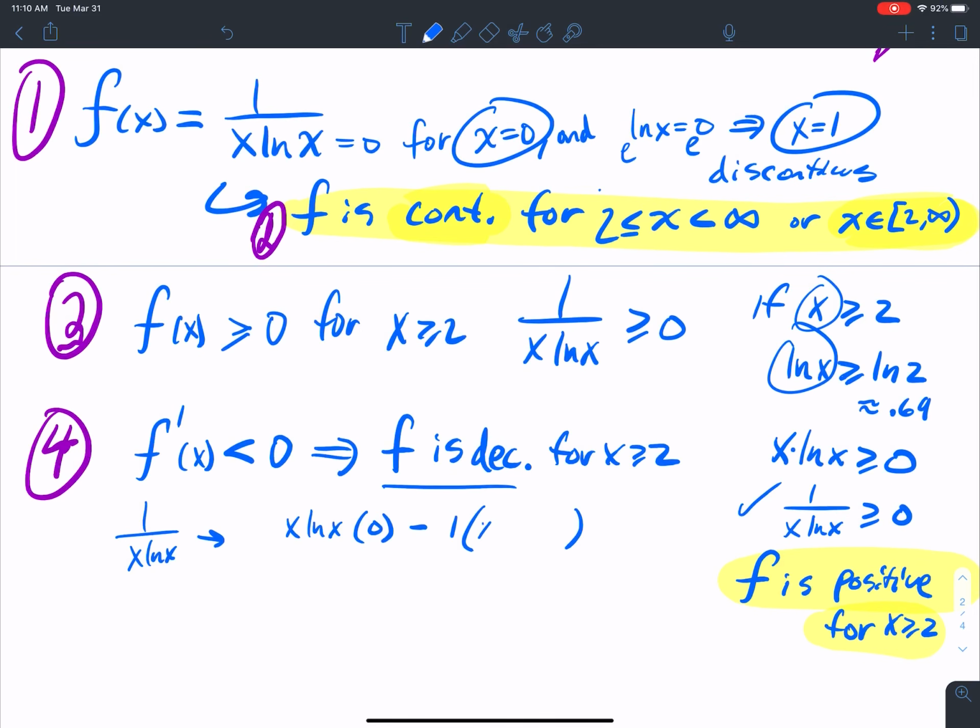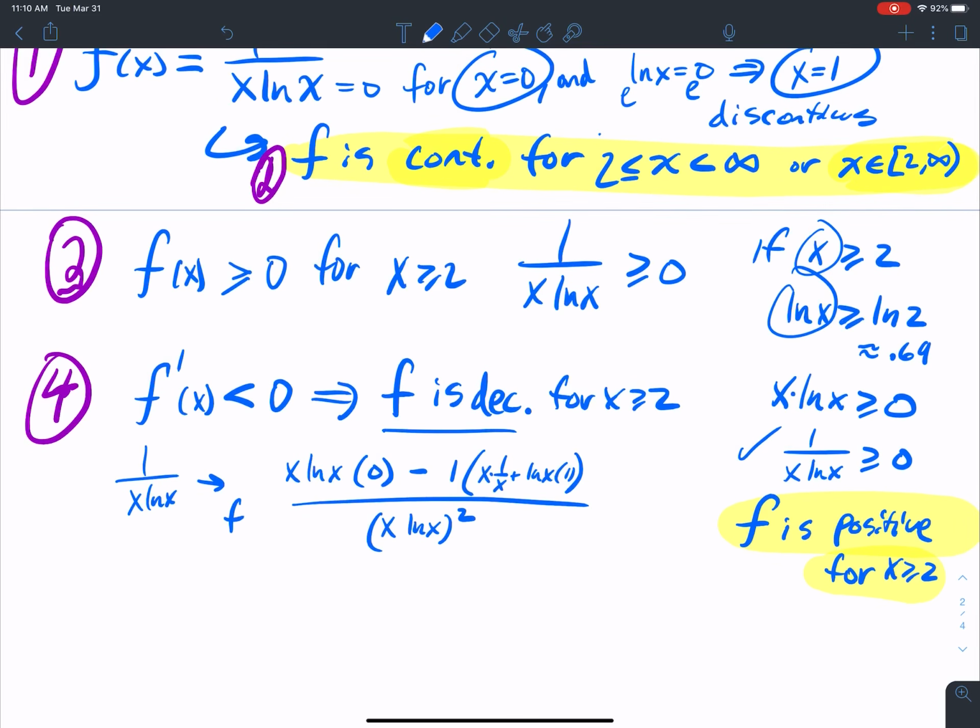So it's x ln x times the derivative of 1, minus 1 times the derivative of x ln x, which is 1 over x times x plus ln x, all over x ln x all squared. So f prime is equal to minus 1 plus ln x over x ln x squared.